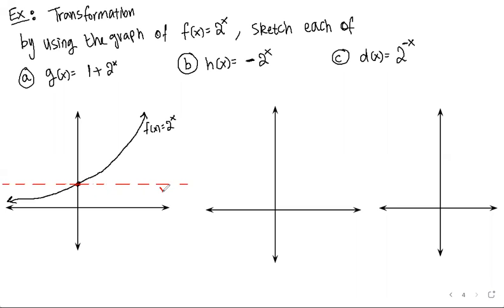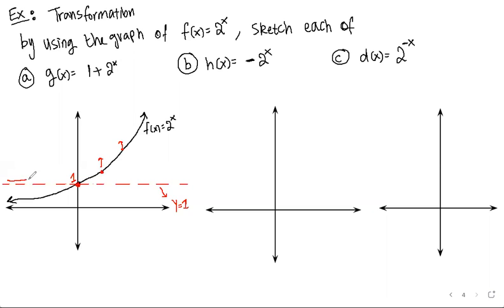Why 1? Because at 1, the line intersects the y-axis. Now, every point on the curve will go up 1 unit. Everything goes up 1 unit, and this is my horizontal asymptote.